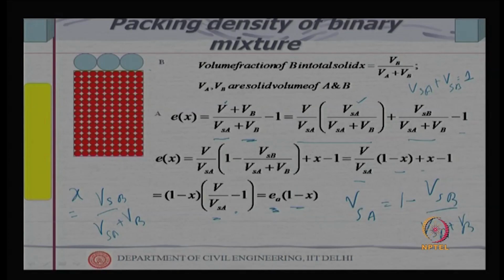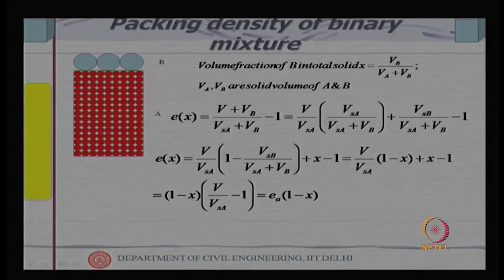Then I am doing a small algebraic manipulation. What is that manipulation? I just take this term out and write it in this manner, multiply top and bottom by V S A, and this term I keep as it is.